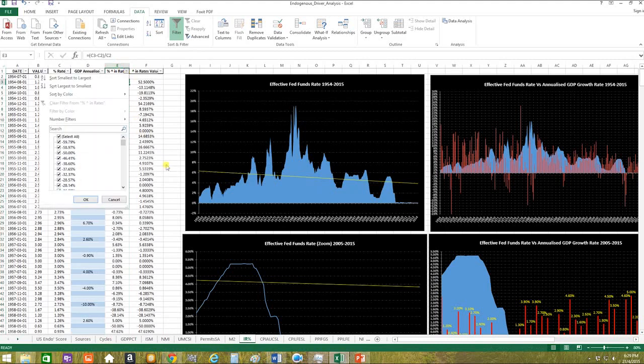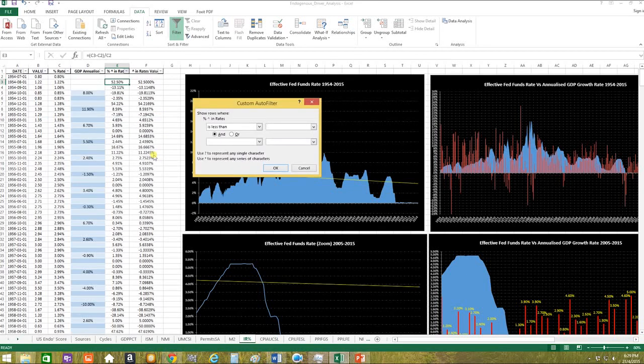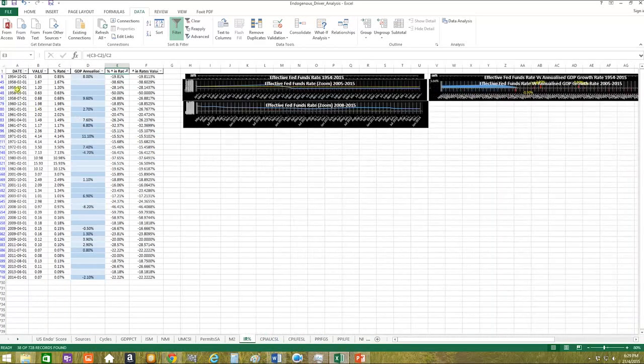All we have to do, for example, is click on the filter, go to number filters, and if we want to do the less than 15% analysis, we just type in minus 0.15, tab across, and then hit OK. And then we get all the data that we were looking at in the presentation.